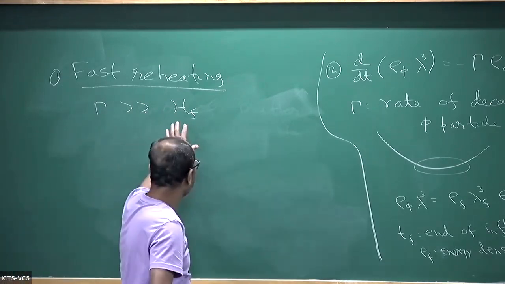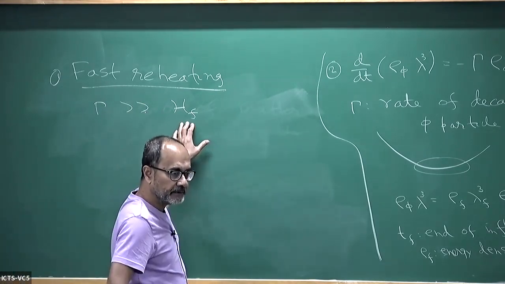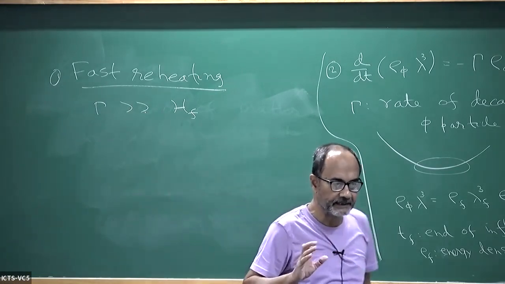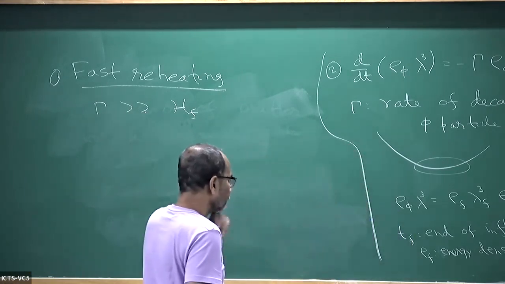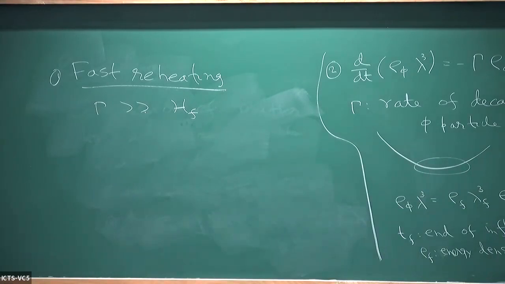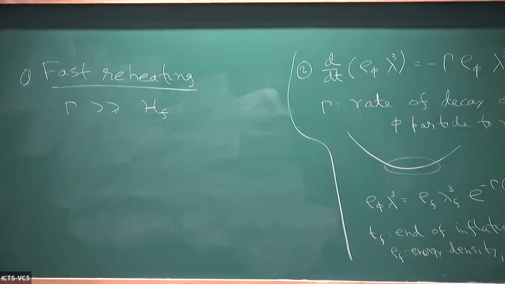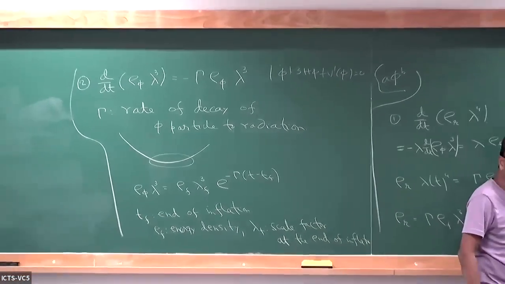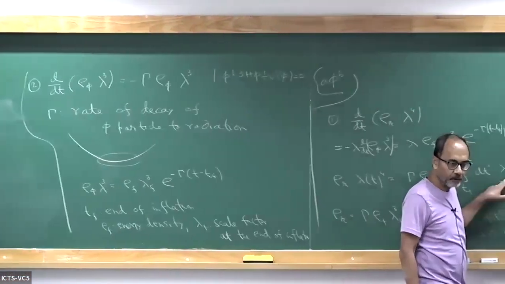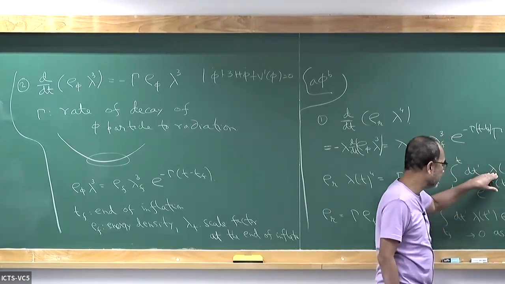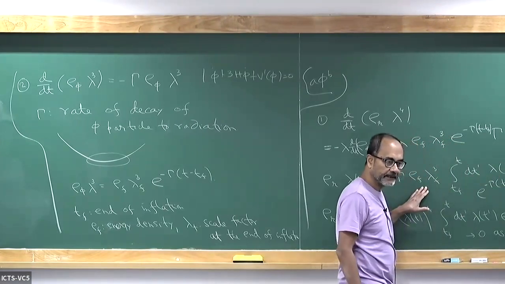HF is the Hubble rate, the expansion rate at the end of inflation, because that's the standard scale with which you should compare rates. Imagine that gamma is much larger than HF. In that case, this one makes things fall off sufficiently fast, so that lambda can be treated as a constant, because lambda dot is controlled by H. So if this is very large, then lambda can be treated as a constant, so you can just set lambda equal to lambda f and take it out of the integral.